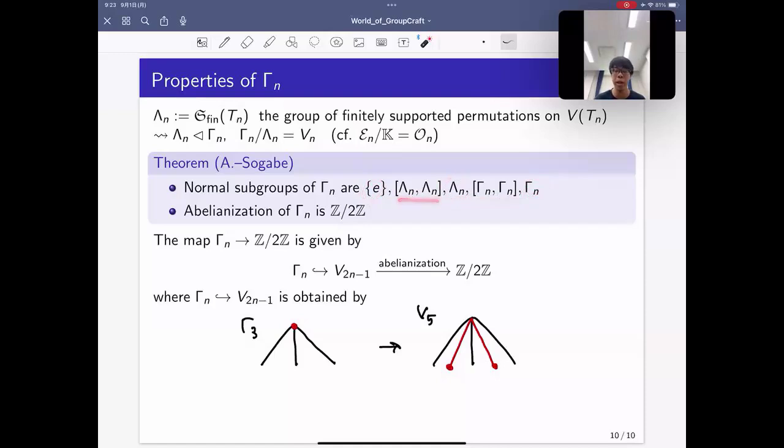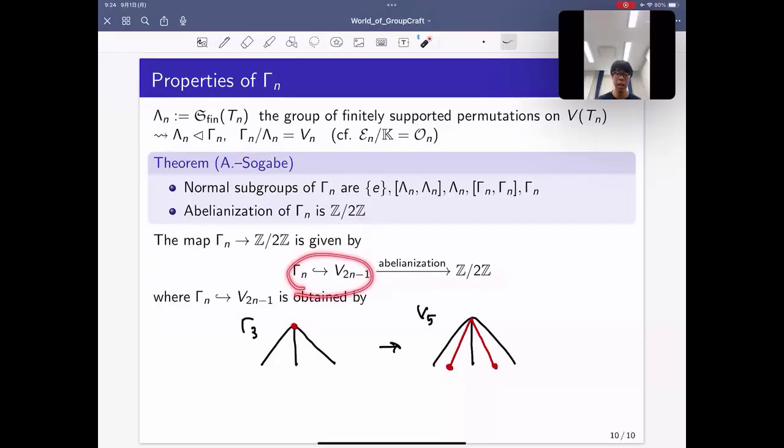And the abelianization of gamma n is computed as Z/2Z. This is independent of n. In the Higman-Thompson group case, the abelianization varies with n, but in the case of this group, it is independent of n. And the abelianization can be computed as this map.